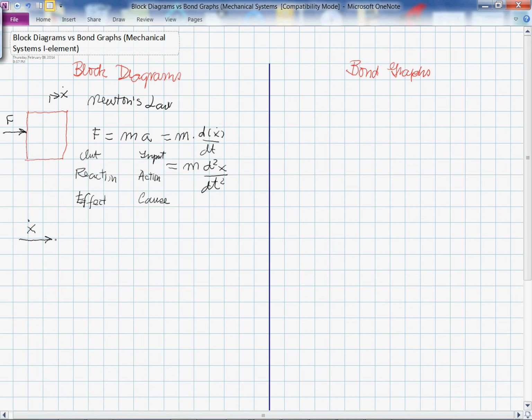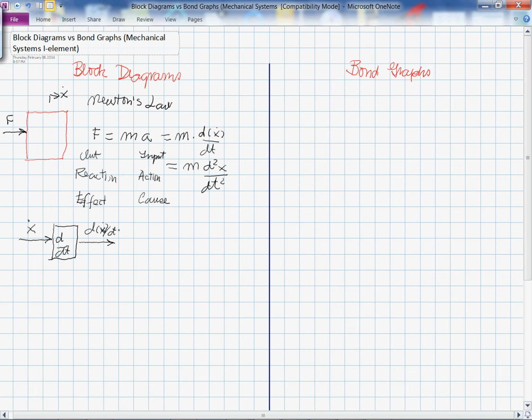The action we take on the signal is to differentiate it, so the new signal is d x dot dt.